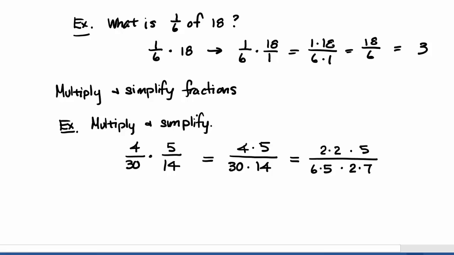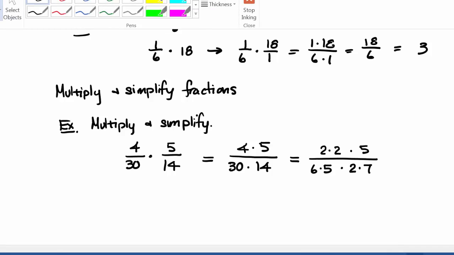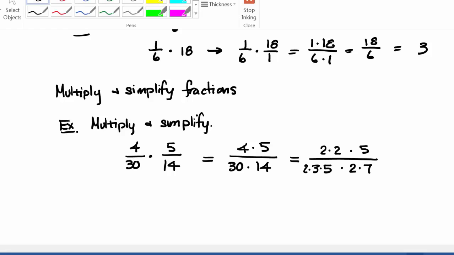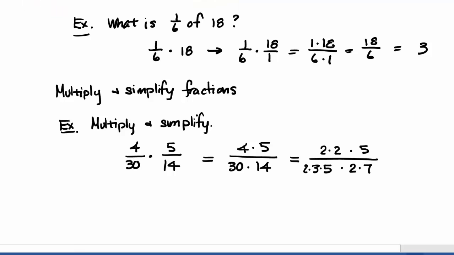Actually, let me go even a step further. Let me take 6 and break that down into 2 times 3. Okay, so if you take a look, this here was my 4, and I still have my 5. This here is my 30, and this was my 14, right?